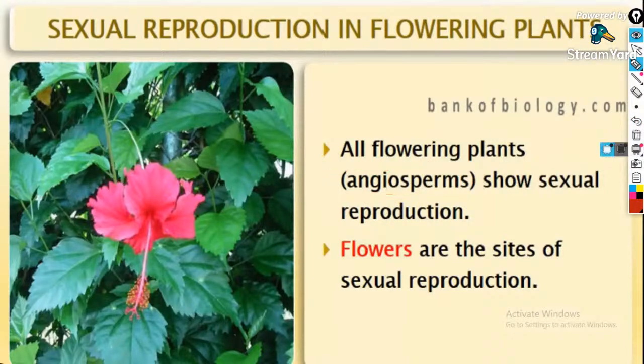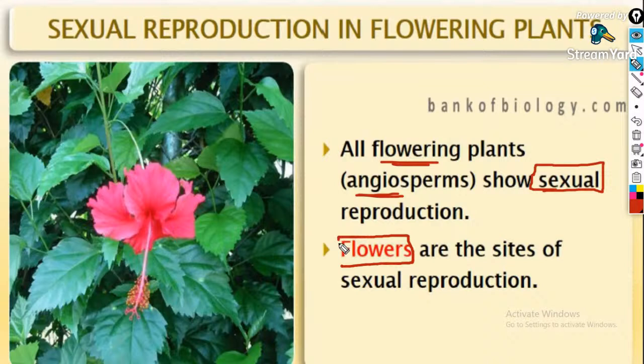So the flowering plants, referred to as angiosperms, show a sexual mode of reproduction. And we all know that flowers are the site of sexual reproduction. So all flowering plants show sexual reproduction, and flowers are the sites of sexual reproduction.